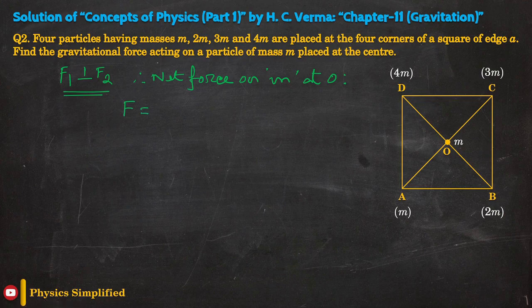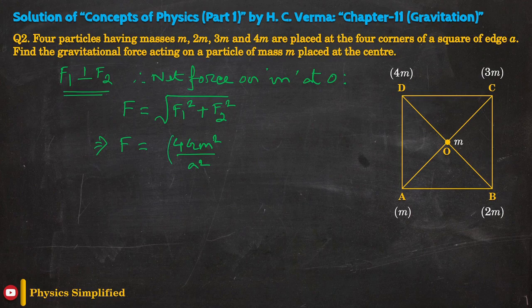Let the net force be F. So F will be equal to the square root of F1 squared plus F2 squared, because the two forces are mutually perpendicular. Now substitute the values of F1 and F2. Both of them are equal in magnitude. The value of F1 was 4Gm² by a². The value of F2 is also 4Gm² by a².